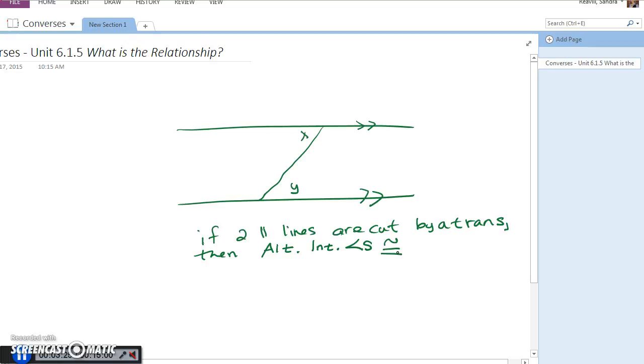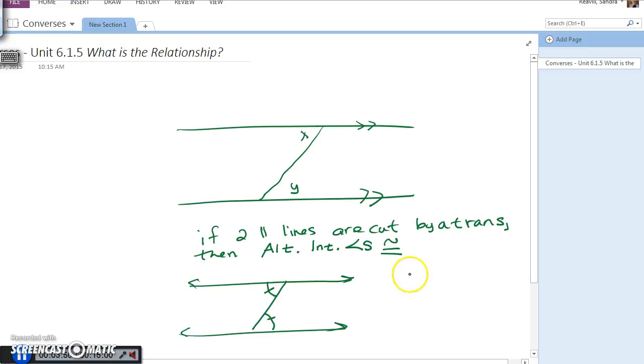So there's Margaret's conditional statement. And Jorge and Margaret's statements are related because they contain the same parts, but the if and the then are in reverse order. Remember, Jorge's diagram looked like this, where the given information was that the angles were congruent.